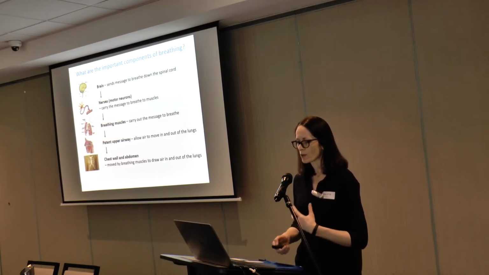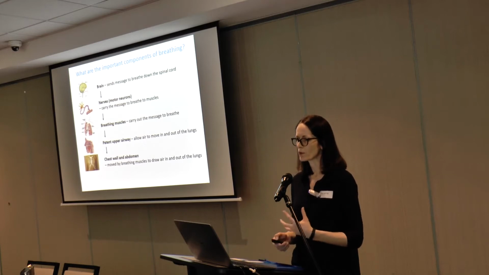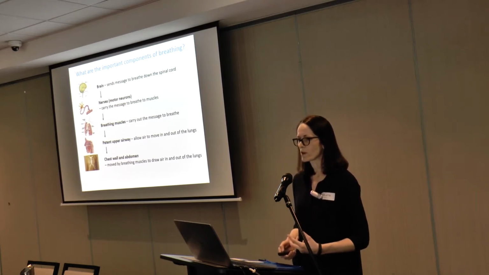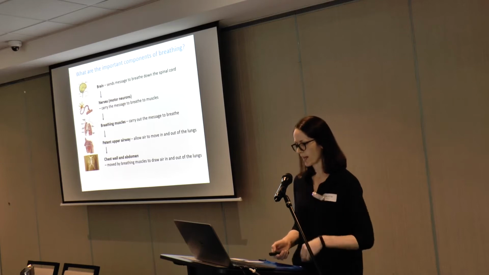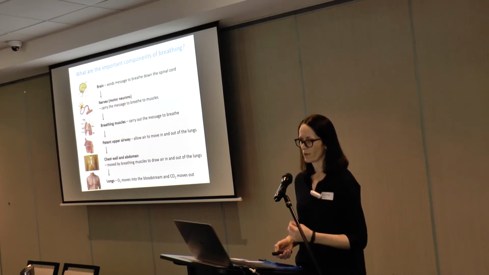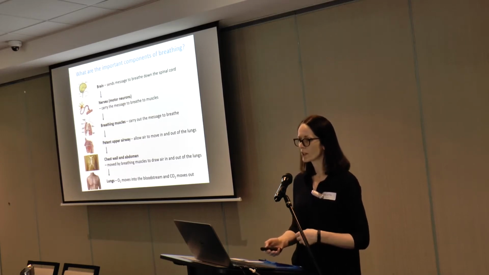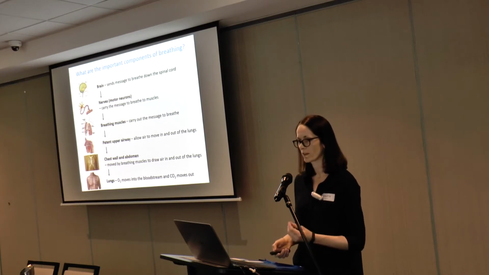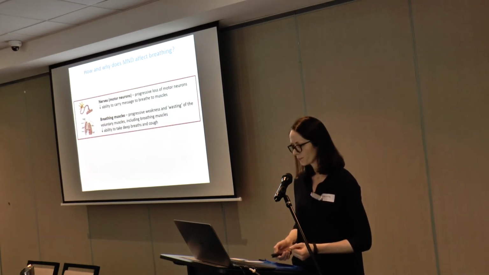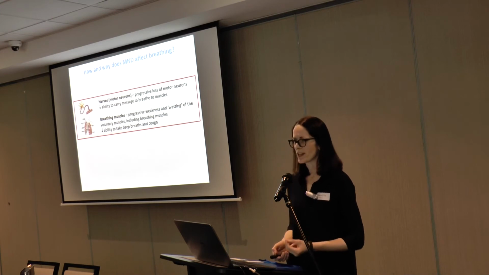And we also need our chest wall and abdomen to be able to be moved by the respiratory muscles to draw air in and let air come out. And finally, the function of the lungs to allow oxygen and carbon dioxide to exchange between the lungs and the blood.